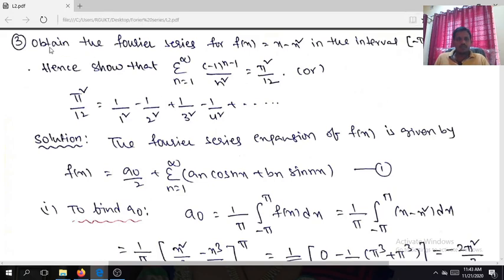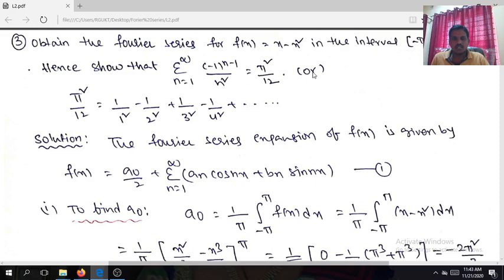Now, see this problem: obtain the Fourier series expansion for f of x is equal to x minus x square in the interval minus pi comma pi, and hence show that summation n is equal to 1 to infinity of minus 1 to the power of n minus 1 divided by n square is equal to pi square by 12.